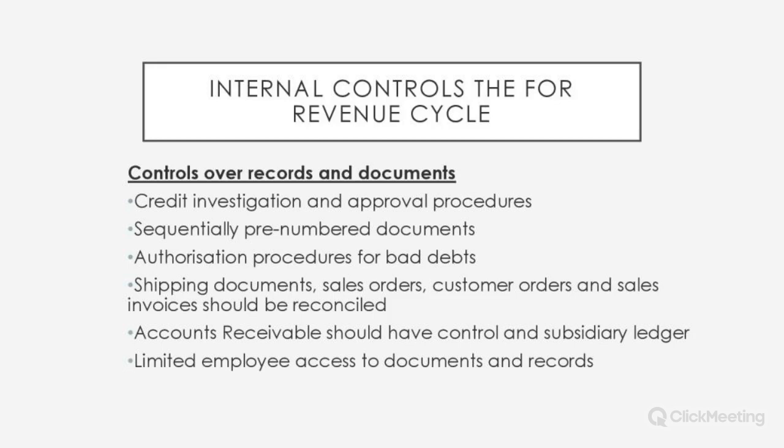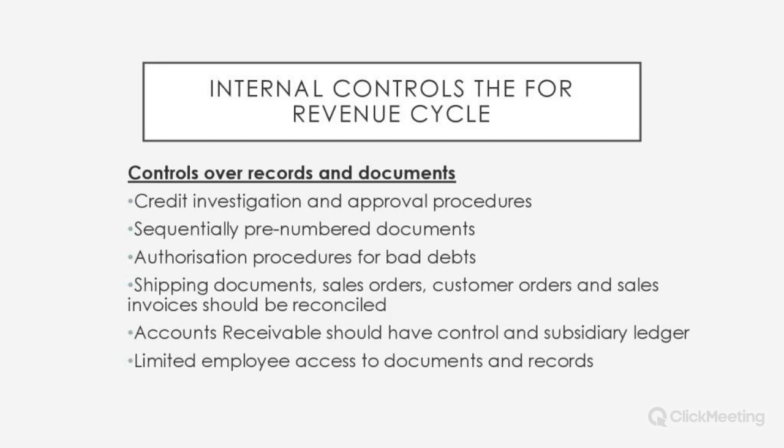That means if the accounts receivable officer is aware that one of their customers will not be able to pay the bills, then there should be some authorization procedure to record those bad debts into the system, and it should not be left to the accounts receivable clerk to write off the debts in the books.